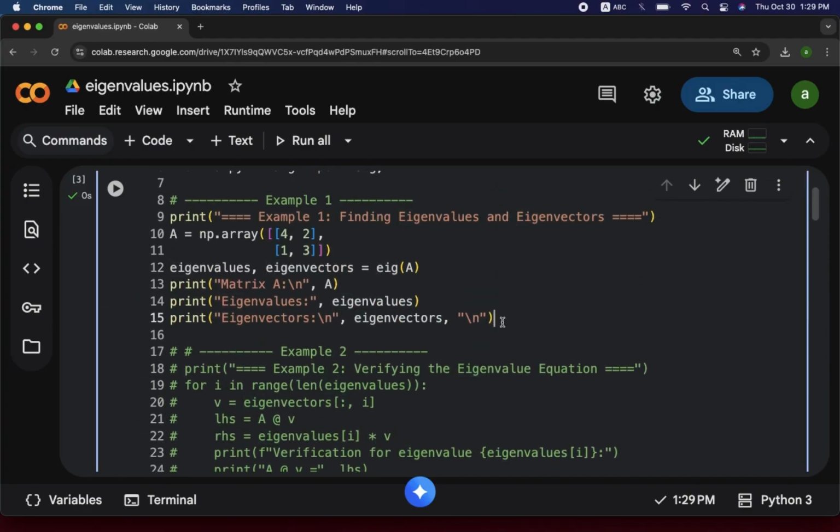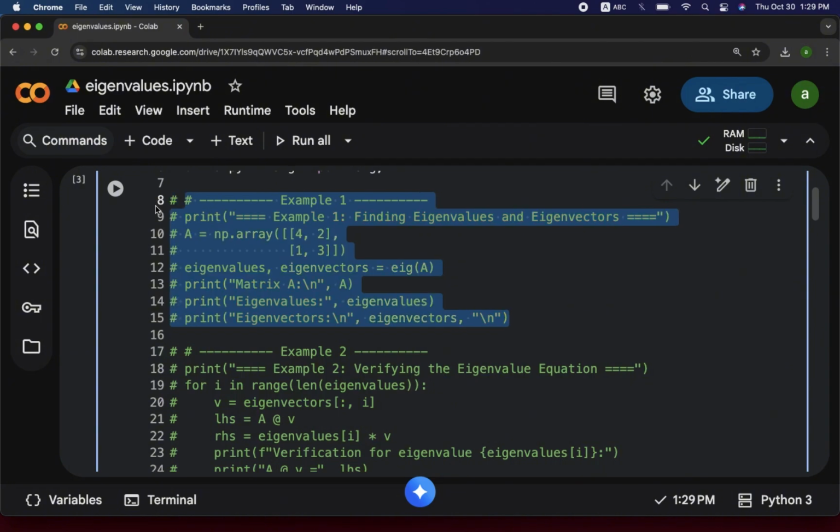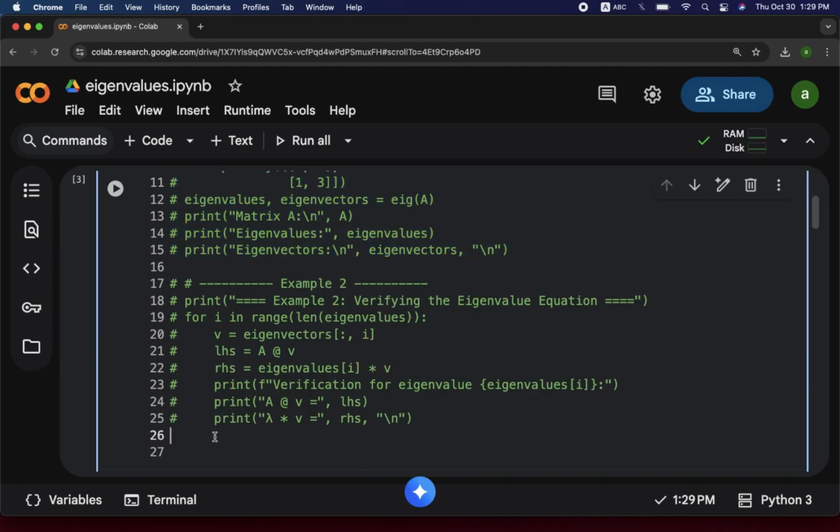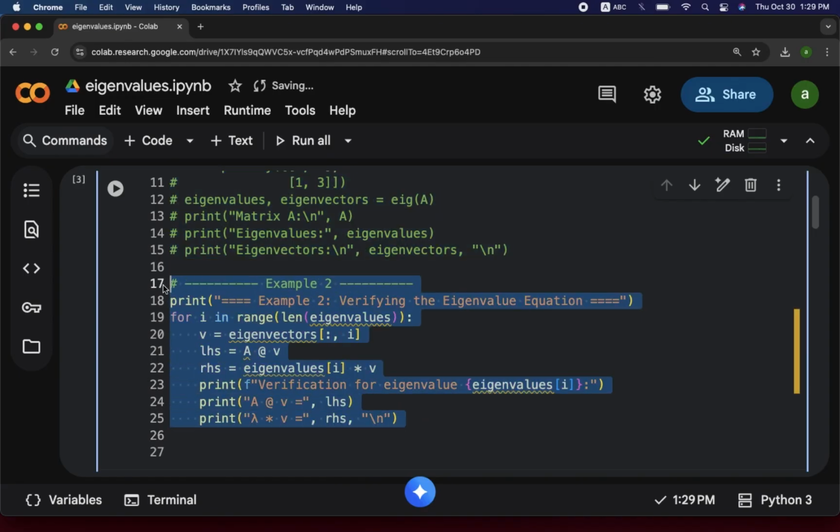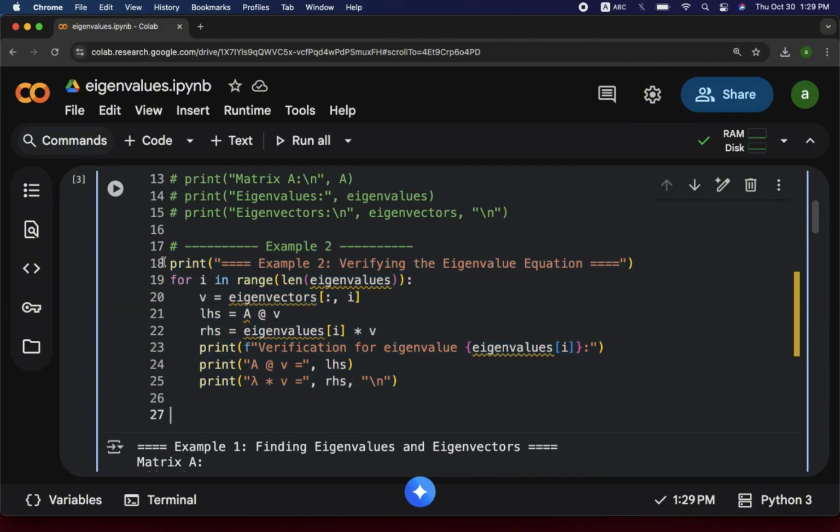Now let's look at our second example. Next we will verify that for each eigenpair the equation A times V equals lambda times V actually holds true. This shows that the eigenvector truly scales by its corresponding eigenvalue when multiplied by the matrix. So we can run our second example.